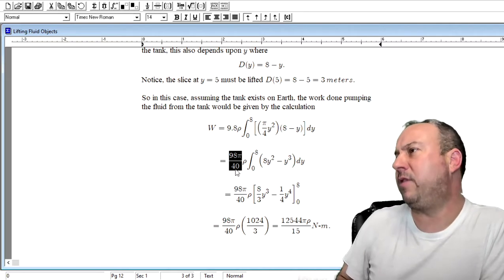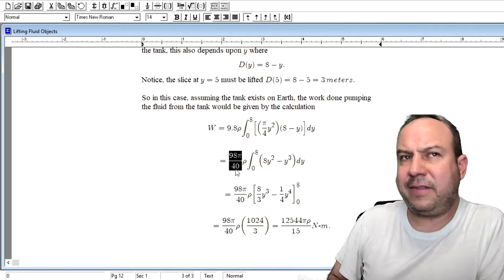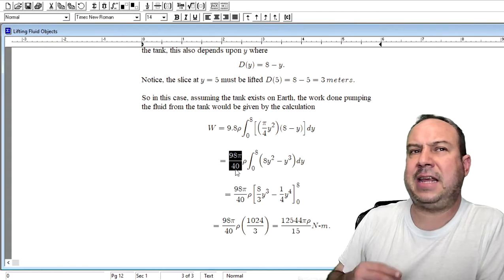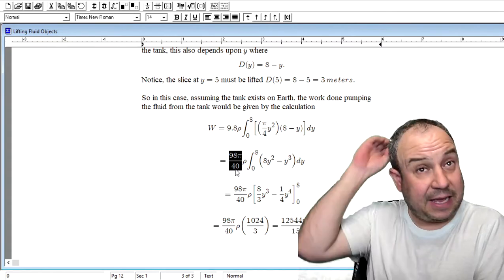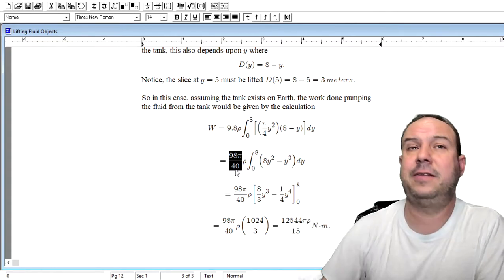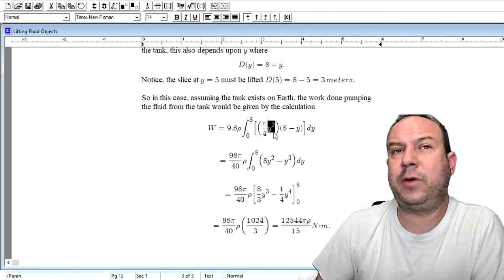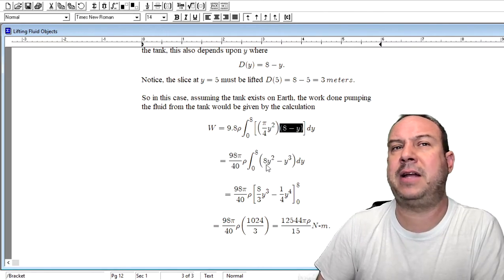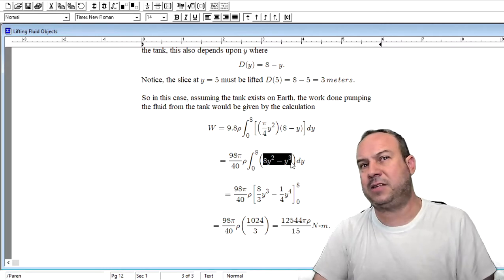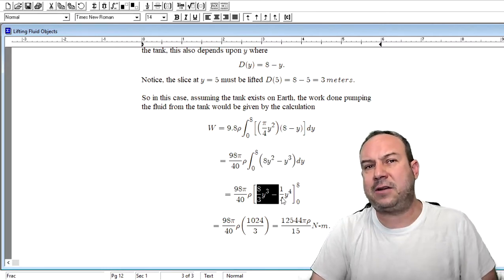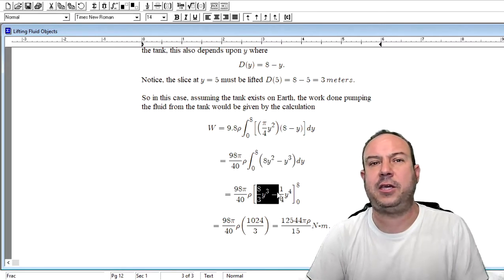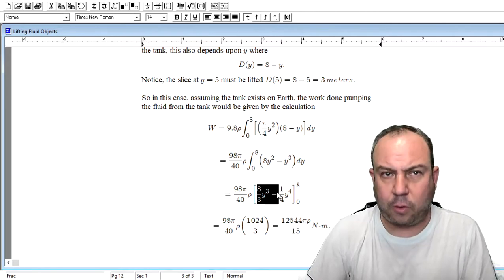The pi over 4 is a constant multiple. It can be brought out with the 9.8 and made into 9.8 over 4 times pi times our density, where our integrand, if we expand the y squared with the 8 minus y, becomes 8y squared minus y cubed, whose antiderivative is 8/3 y cubed minus 1/4 y to the 4th.